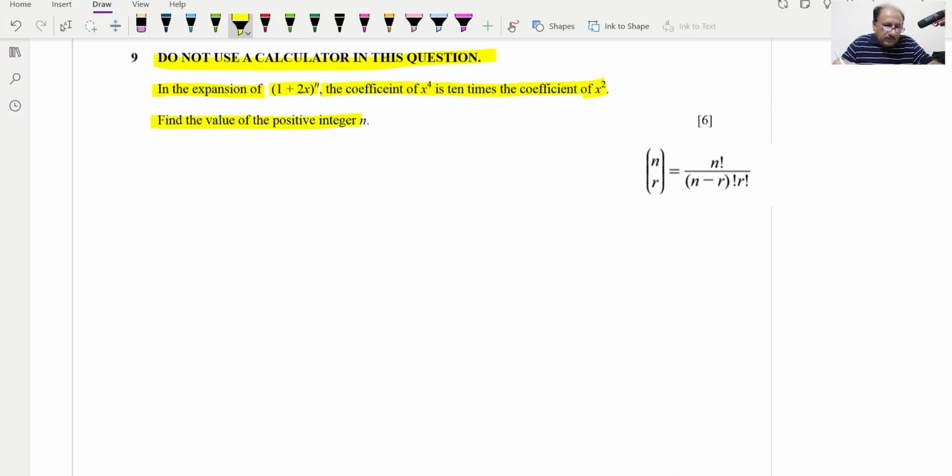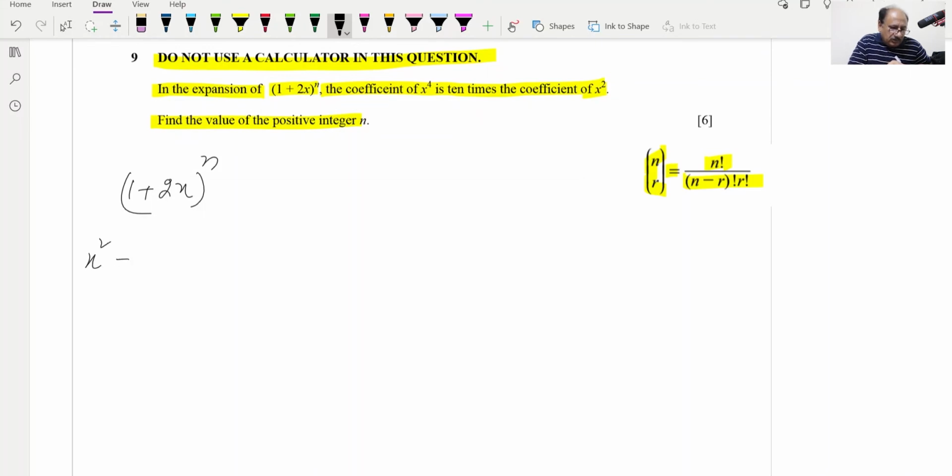So we know nCr is equal to n factorial over n minus r factorial into r factorial. So we will take the expansion, basically 1 plus 2x raised to the power n. Now we need the coefficient of x squared.